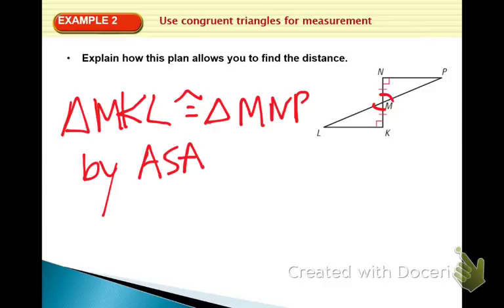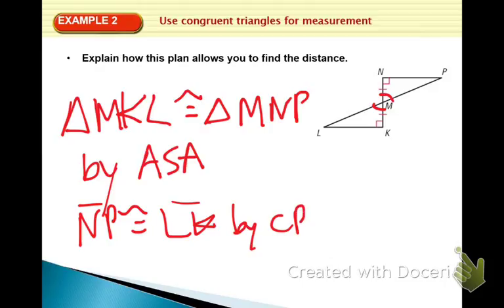How do I know the parts are congruent? Kennedy? Right. I can say NP is congruent to LK by CPCTC. So assuming we could measure this distance LK, we could figure out the distance across the water using the congruent triangles.